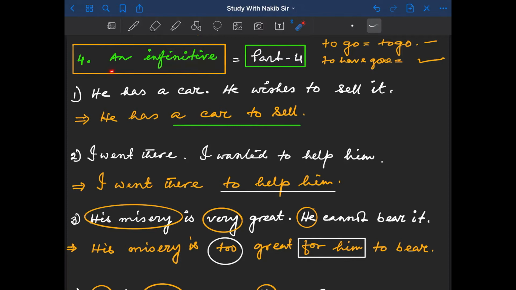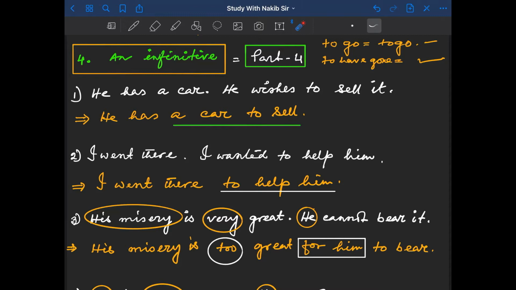The first infinitive, noun infinitive or simple infinitive. From the name you can understand that the noun infinitive is used in a sentence as a noun, as a subject, as an object, as a complement. And the second one, the gerundial infinitive, the qualifying infinitive, is used in a sentence as an adjective or as an adverb.